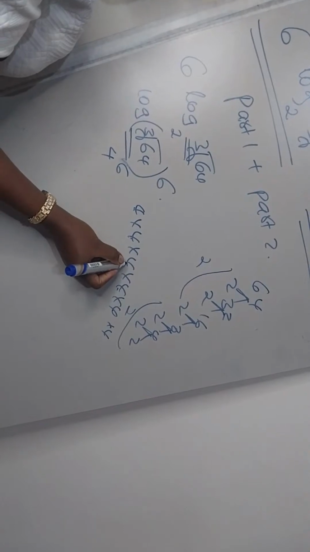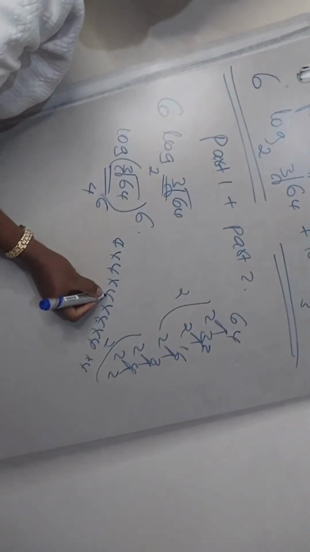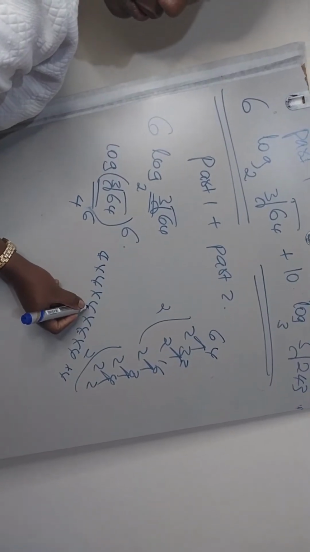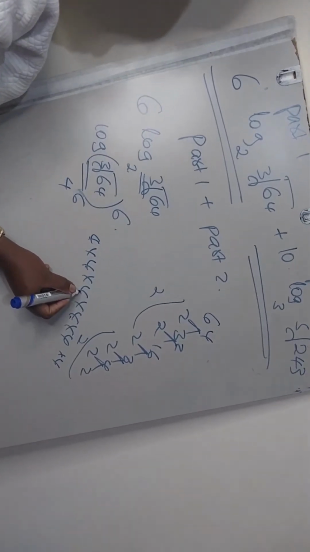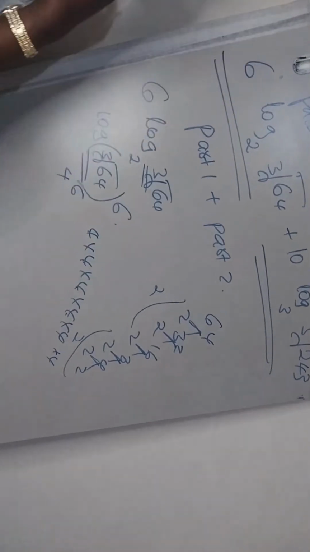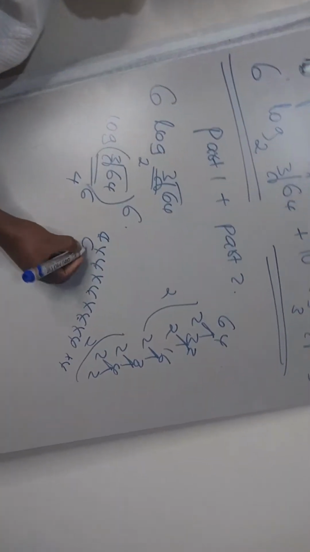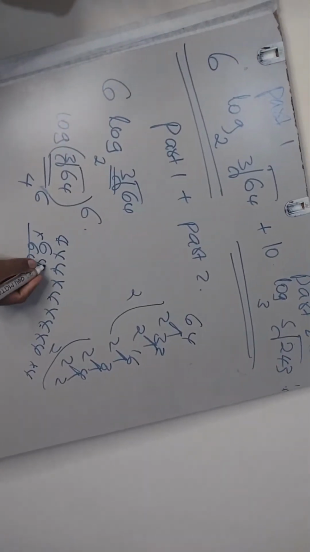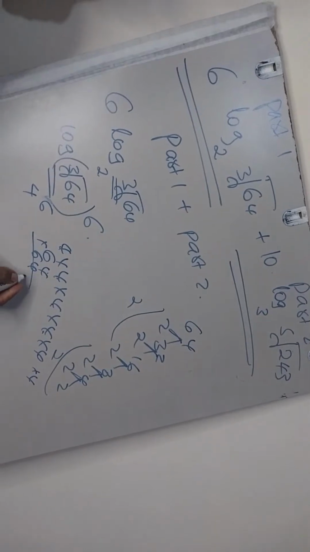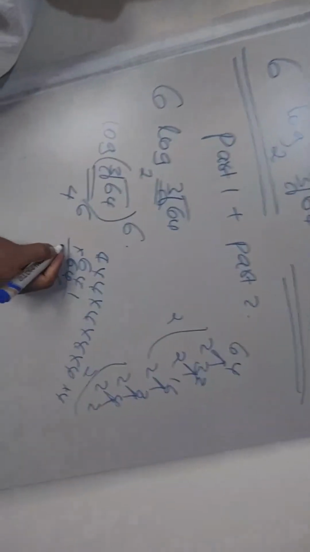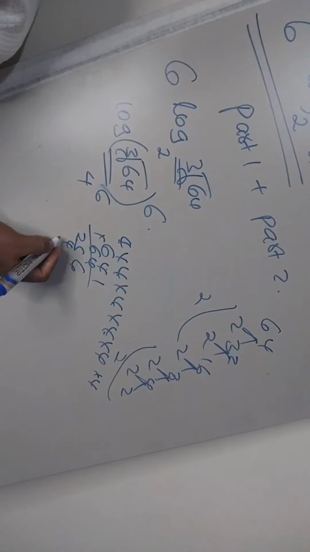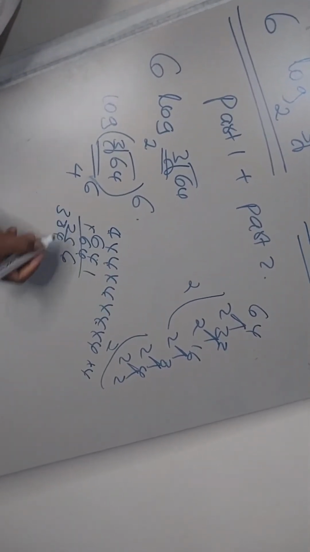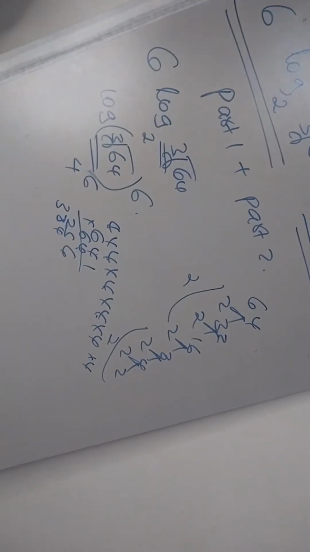Times 4 is 64. 64 times 64 will be taking us to around 4096. It is the 4096 we were talking about.